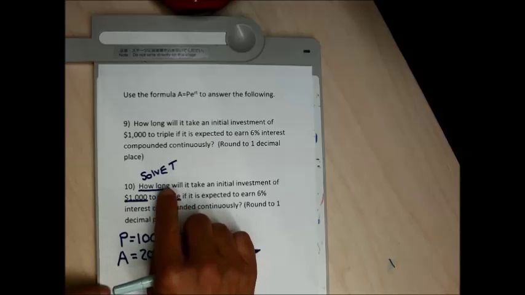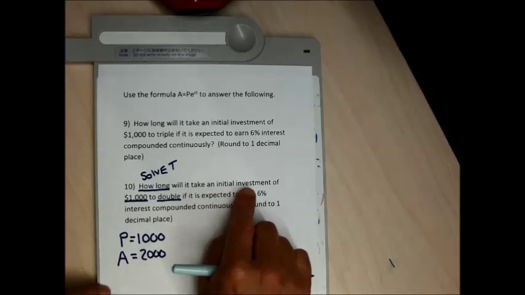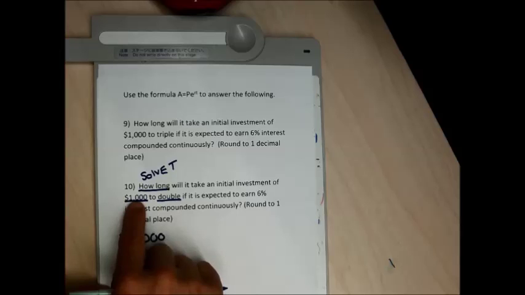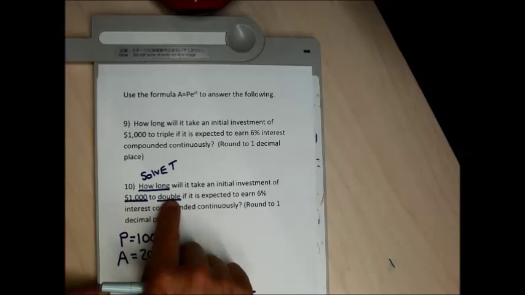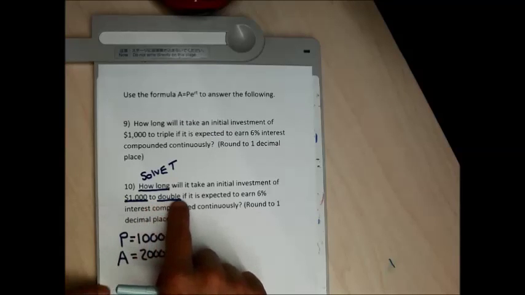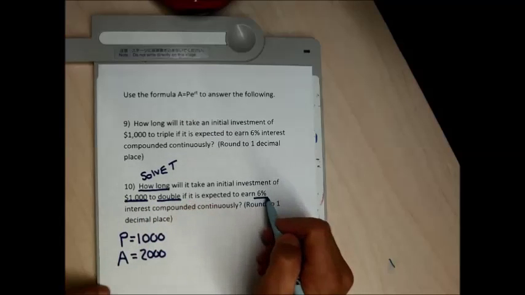Essentially, this is saying how long will it take an initial investment of $1,000 to grow to a future investment of $2,000. So these 2 words physically give me the P, the starting investment of $1,000, and imply the A, the future amount of $2,000.